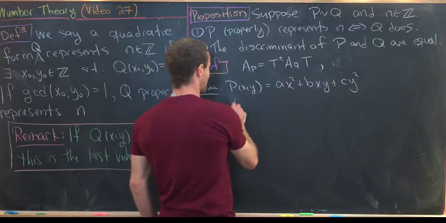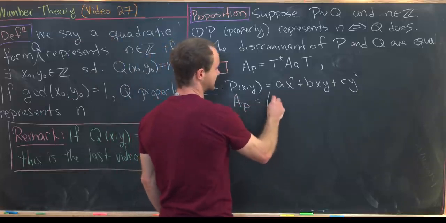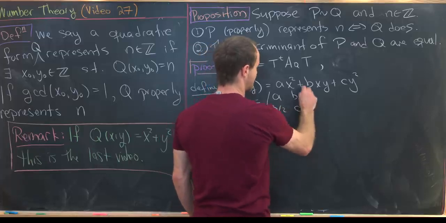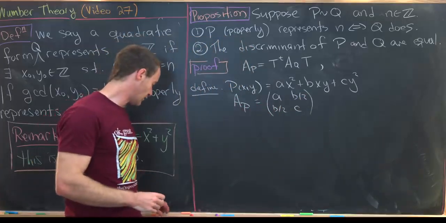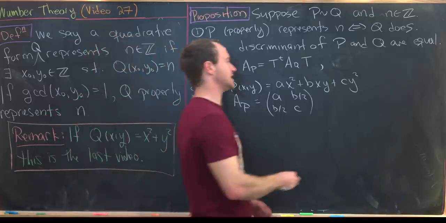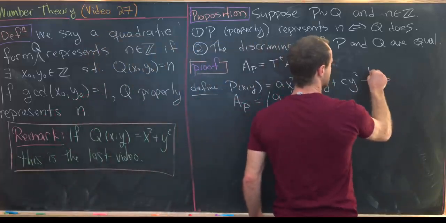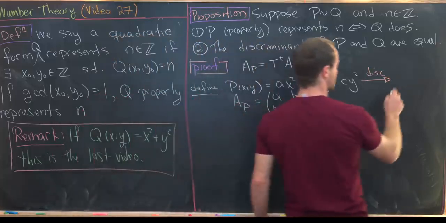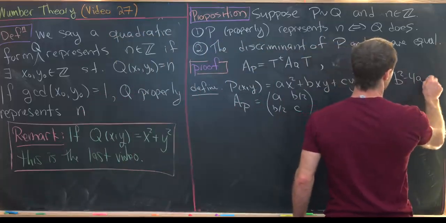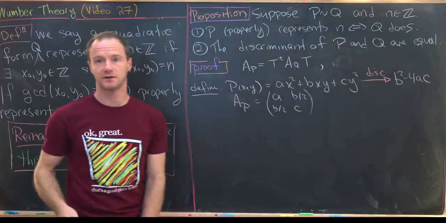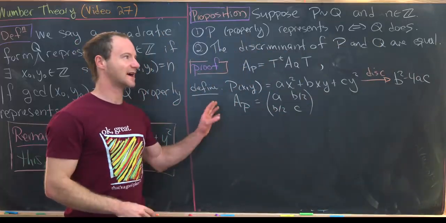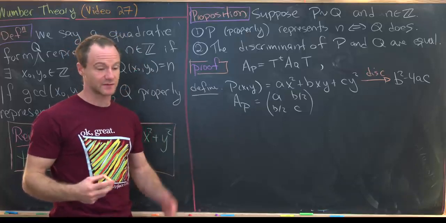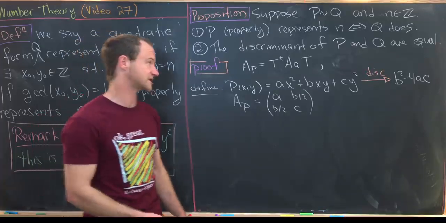But let's notice that that makes A_P, the matrix associated to this, a, b halves, and c. Now we want to look for a relation between the discriminant here, which we recall is b squared minus 4ac, and this matrix here. So we're trying to assign a number to a matrix. Now the easiest way to do that is with something called the determinant. So that should be our first guess.